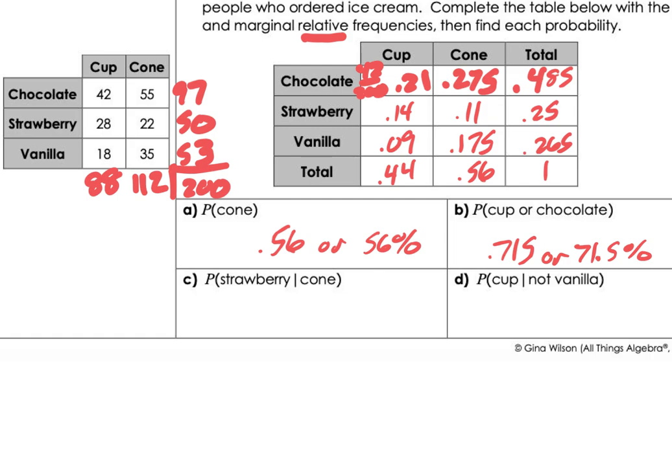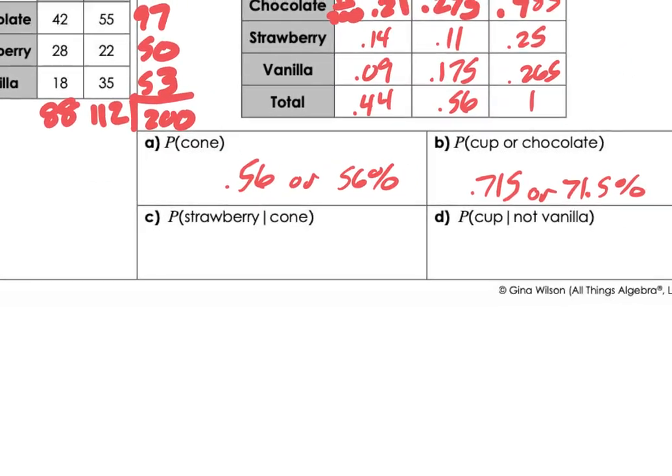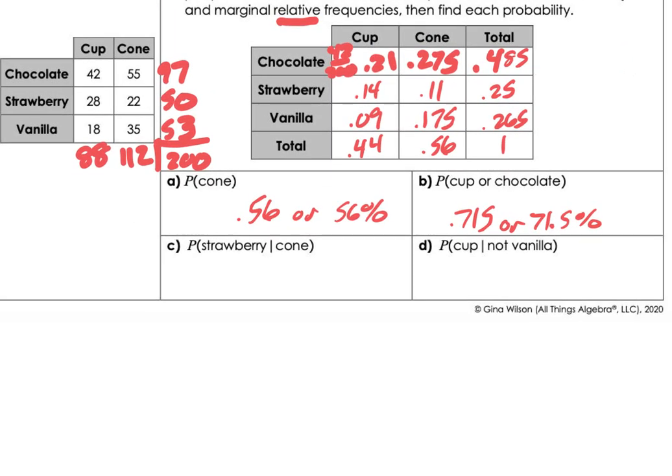Now we're looking at conditional probability. What's the probability that someone likes strawberry given that they like a cone? So we're going to look at the total for cone, which is 0.56. Out of those 0.56, only looking at this column here, how many of them like strawberry?